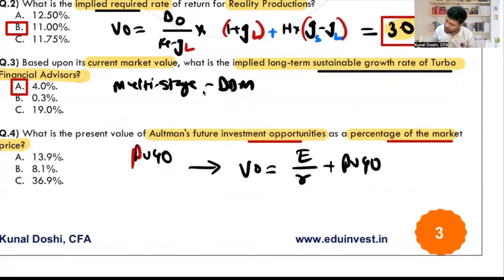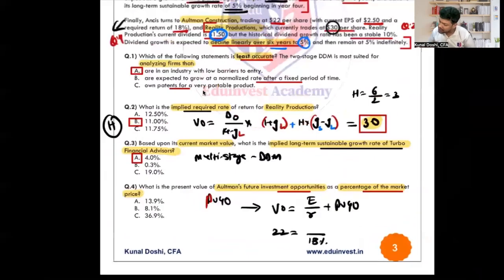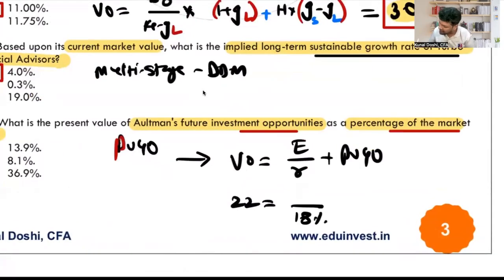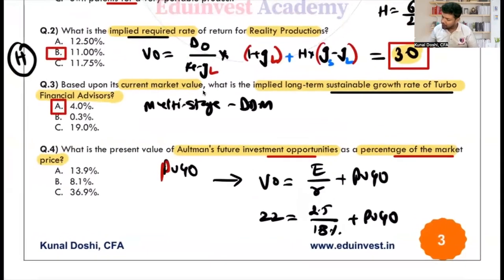So the balance is my PVGO. So 2.5 divided by 18%, minus 22, I will get 8.11. Are you getting this? Check, check, check.